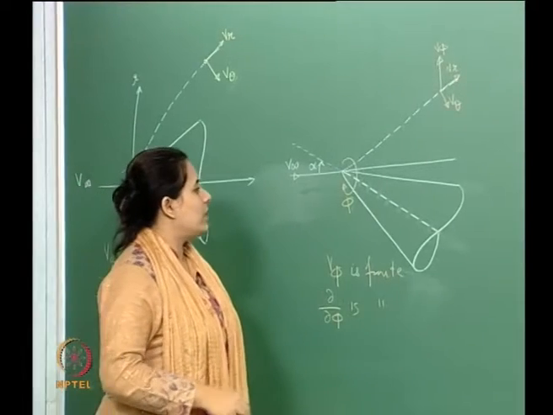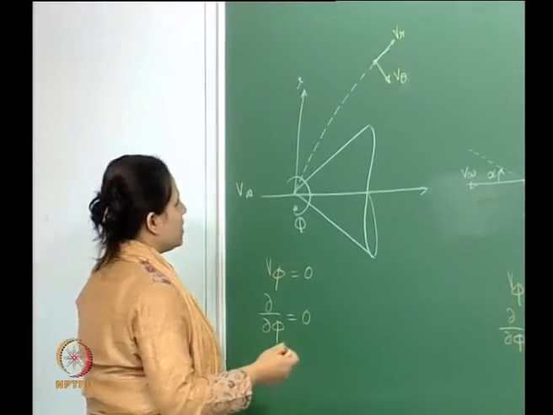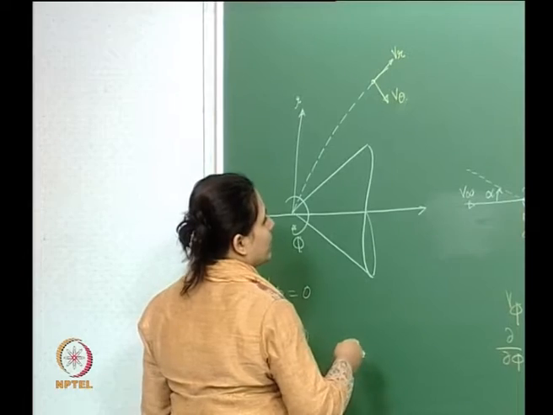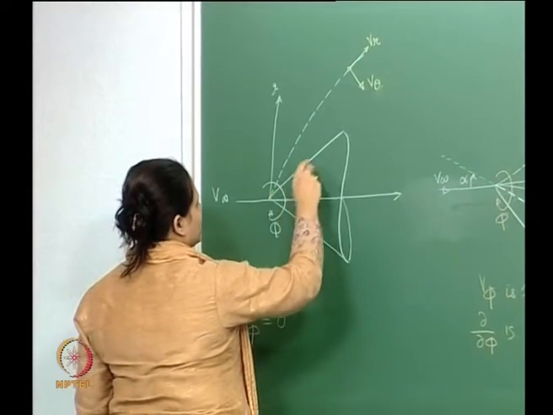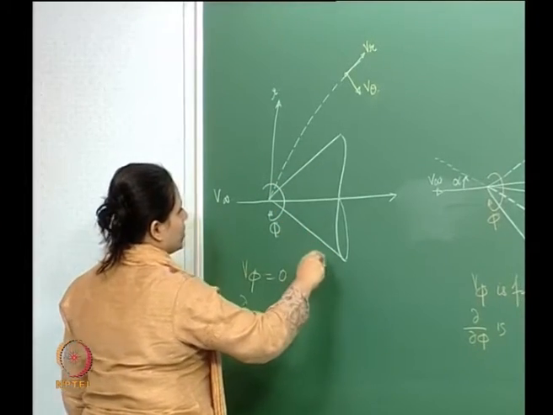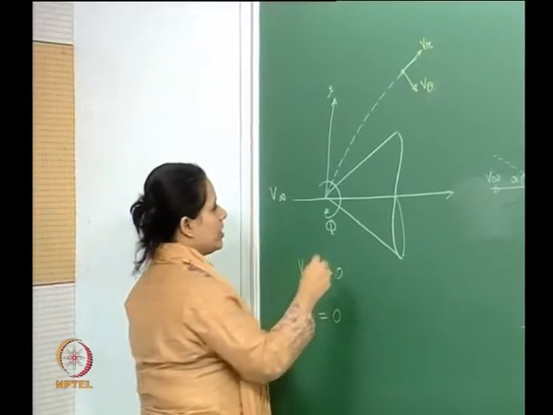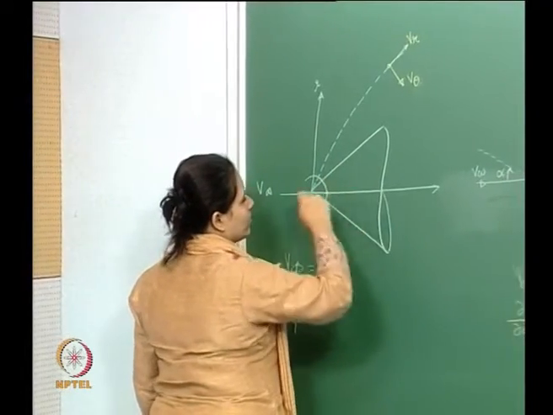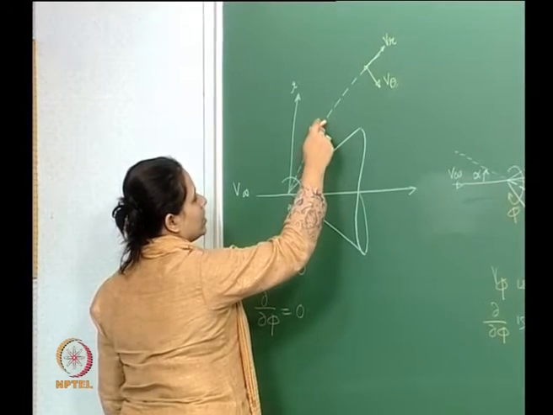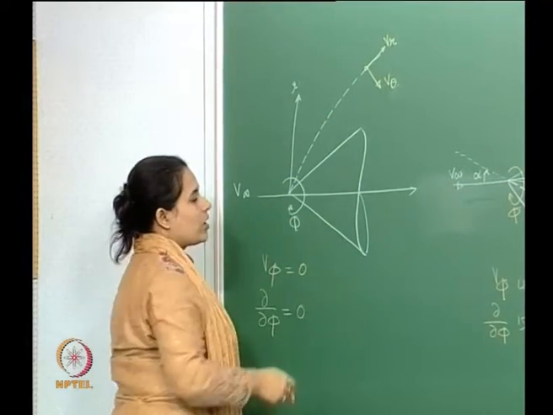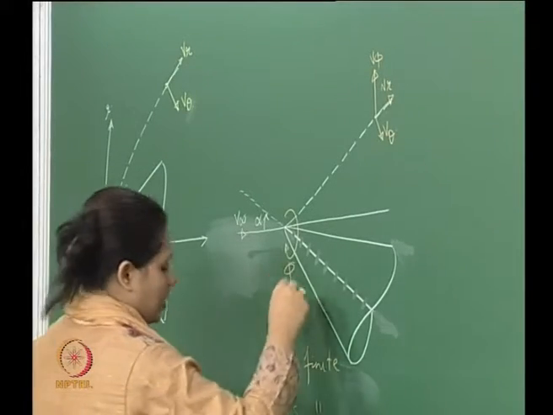Now, like we've just seen, we have straight streamlines for the axisymmetric case, on the cone surface as well as within the shock and the cone, whereas here we will not have that.